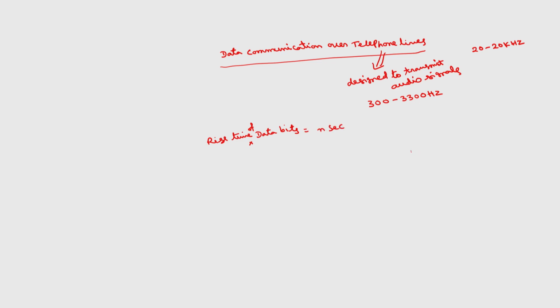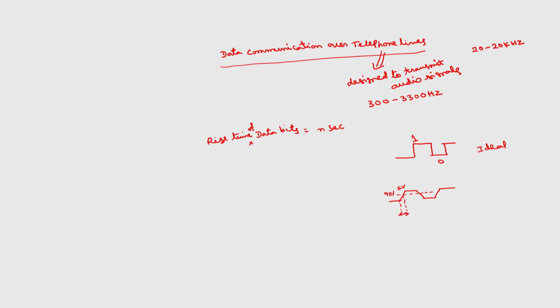What is meant by rise time? This is logic 1 and this is logic 0. This is the ideal waveform, but practically it will take some time to change from 0 to 1 as well as 1 to 0. So this is the practical waveform. The time taken to change from 0 to 90% of the final value, which is 5 volts, is called the rise time.